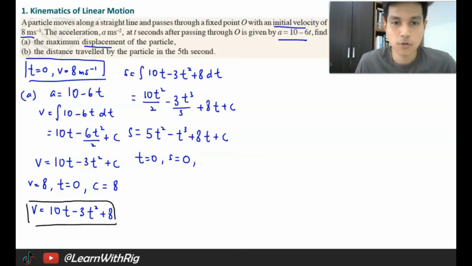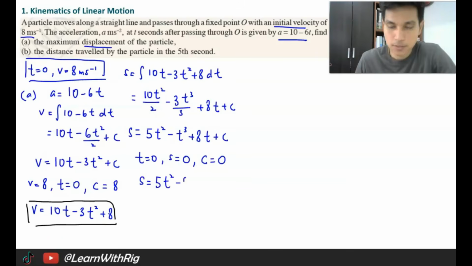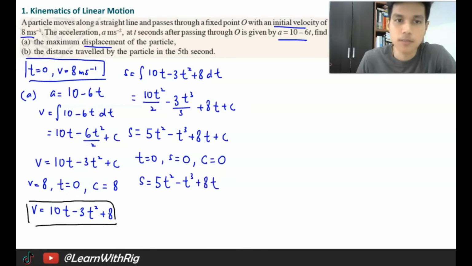So when t equals 0, s equals 0, you will know that your c will also equal 0. So your displacement function would be 5t square minus t cube plus 8t. This is your displacement function.